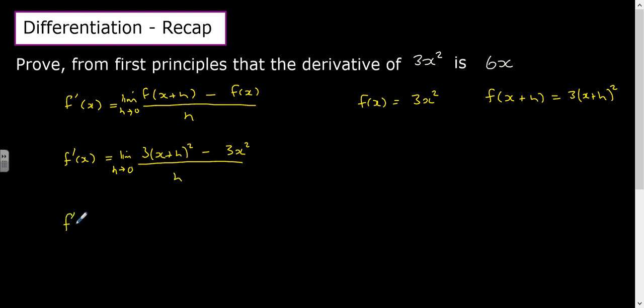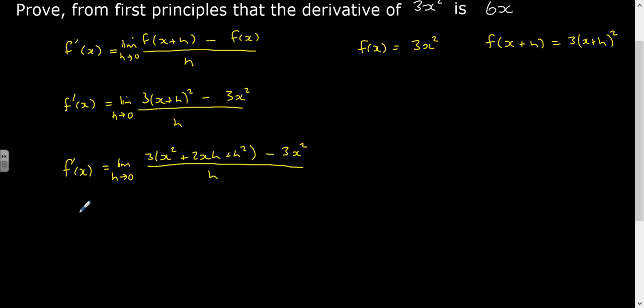So let's go ahead and expand this (3x plus h) all squared. So we have the limit as h tends to 0 of 3 lots of x squared plus 2xh plus h squared. That's the (x plus h) all squared, minus 3x squared, over h. And then we're just going to expand and collect like terms.